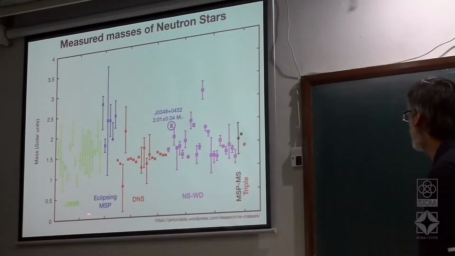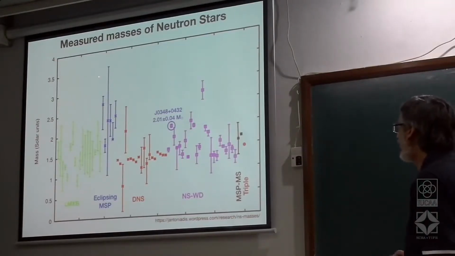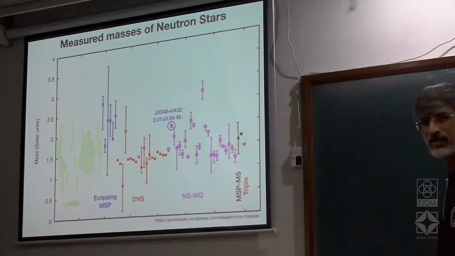So now this is a compendium of measured masses of neutron stars. Some of them are measured to have fairly high masses but with large errors. So for putting constraints on equation of state, people are careful. They take measurements with the smallest possible errors. And the highest value of mass with the smallest possible error is this one, so far.